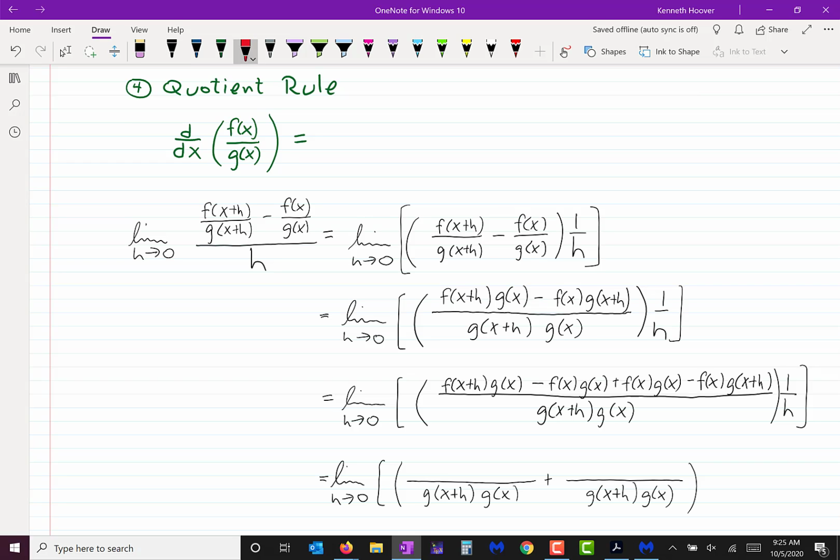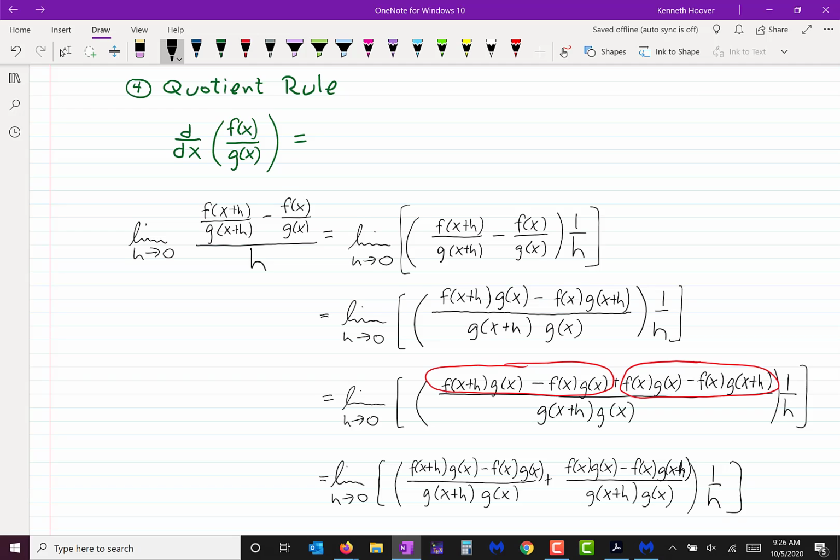And on the top of the first one, we'll have this. And on the top of the second one, we'll have this. Okay, the only problem is just trying to squeeze it in there. All right, now we're getting somewhere.